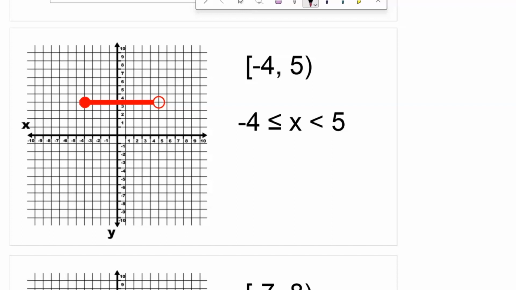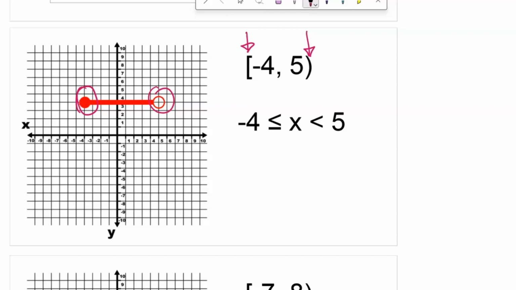You can see we have the square bracket on the -4 because that goes with the closed circle here. So it does include the -4, it can equal -4. And then with the 5, we have the parenthesis because of this open circle. So the x value does not actually equal 5.